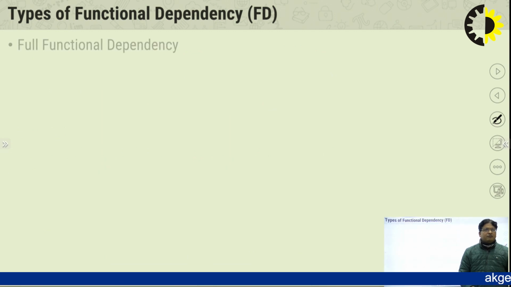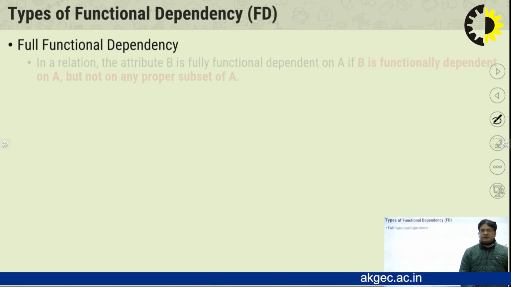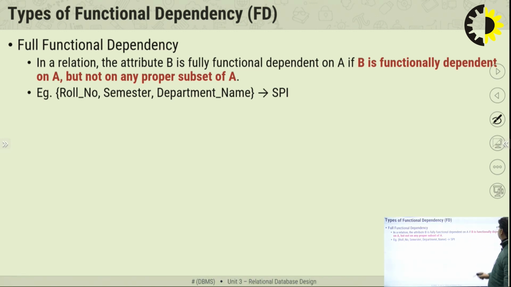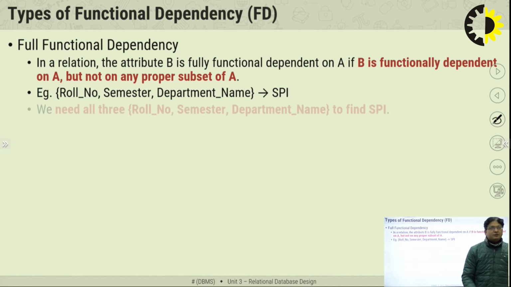Now, FDs are of the following types. First, full functional dependency. In a relation, the attribute B is fully functionally dependent on A if B is functionally dependent on A but not on any proper subset of A. Consider the following example: roll number determines semester; roll number, semester and department determine SPI.